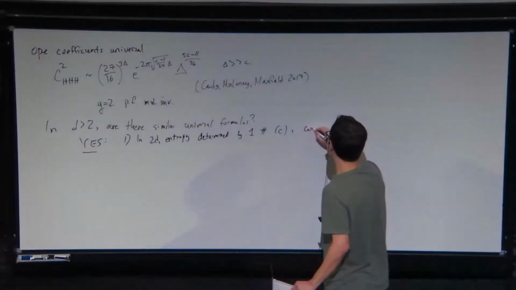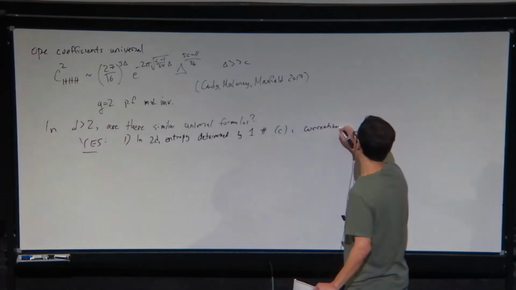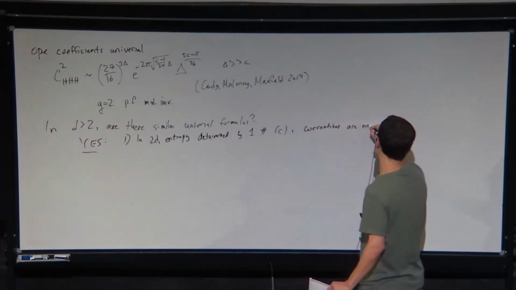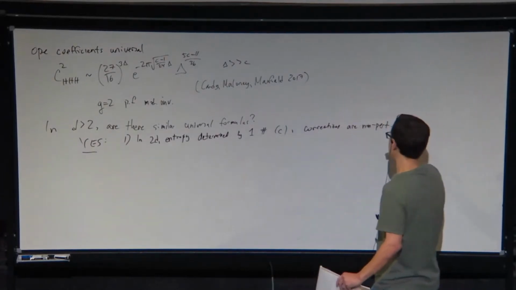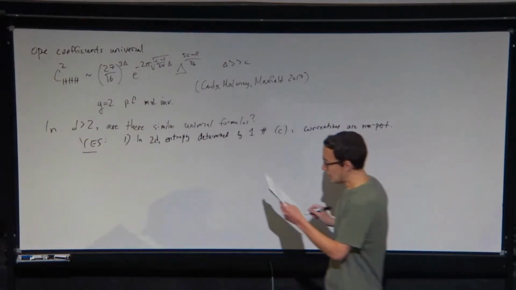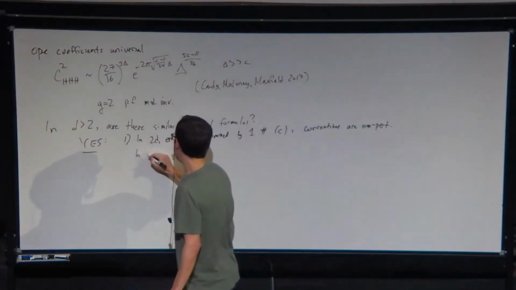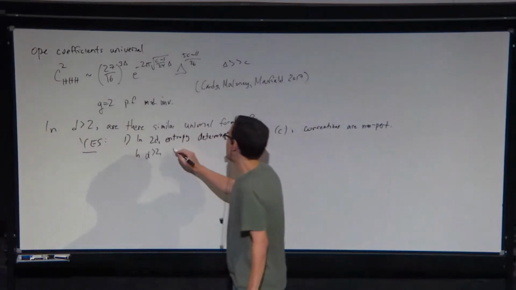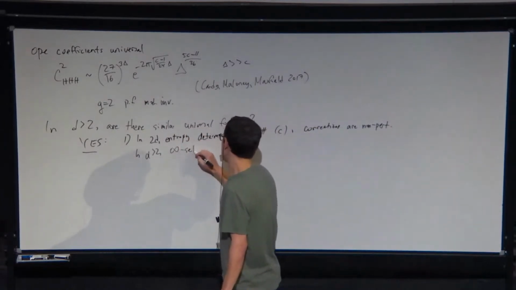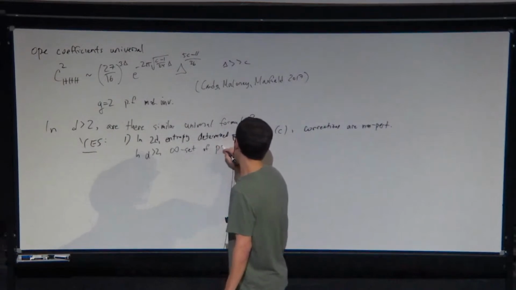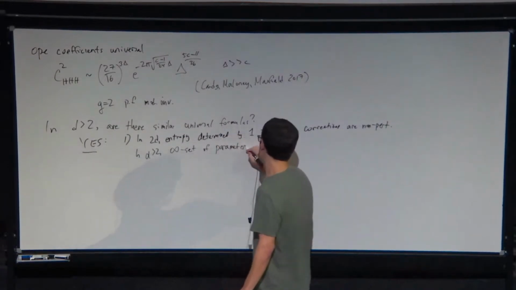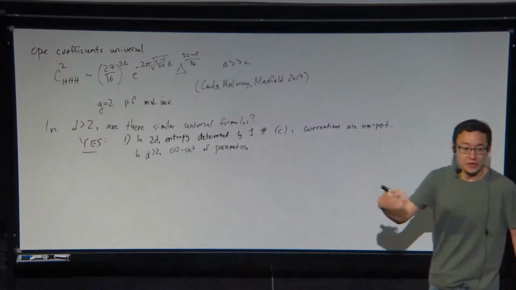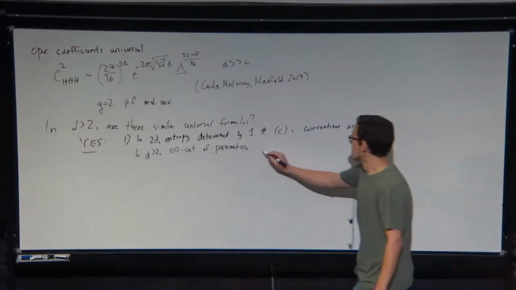And the corrections are then non-perturbatively small in delta. In higher than 2D, we'll see there's an infinite set of perturbative corrections. Well, an infinite set of parameters, each of which gives you the next order in perturbation theory.